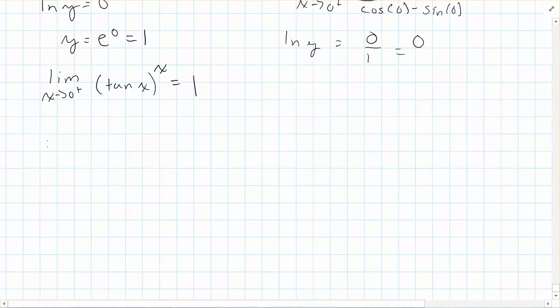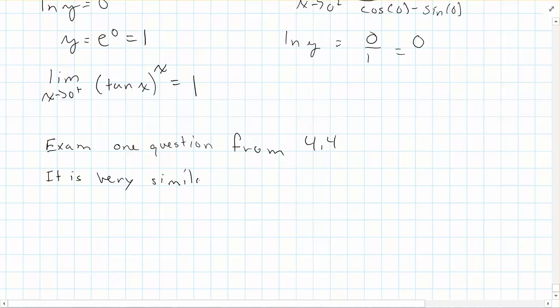On the exam, there is one question from 4.4. It is very similar to 4.4 number 23, the flower garden.